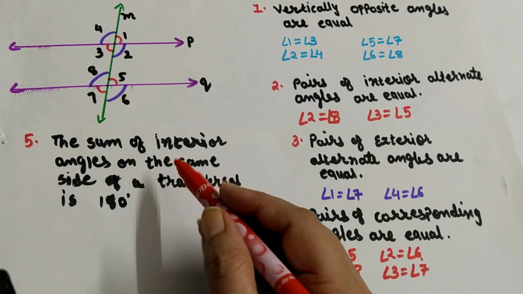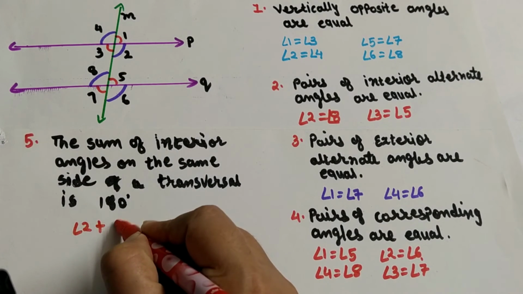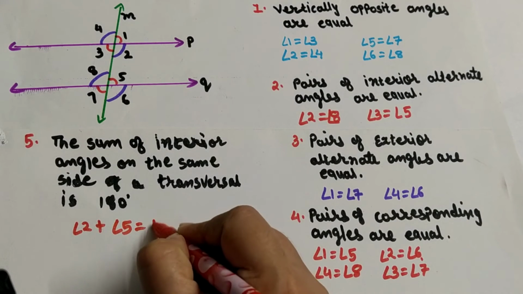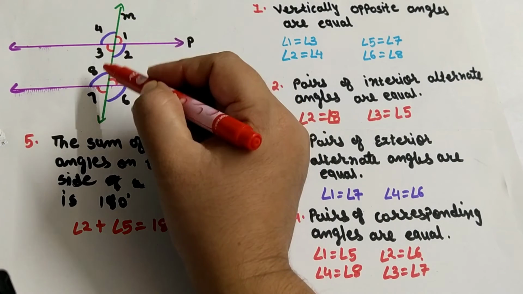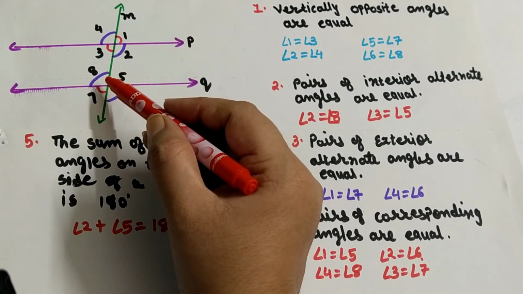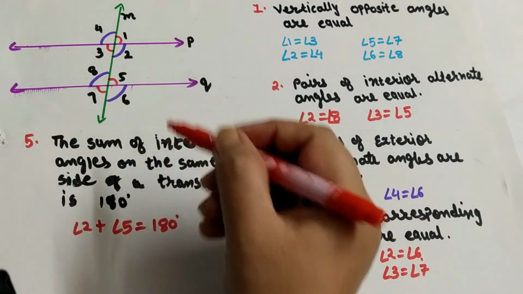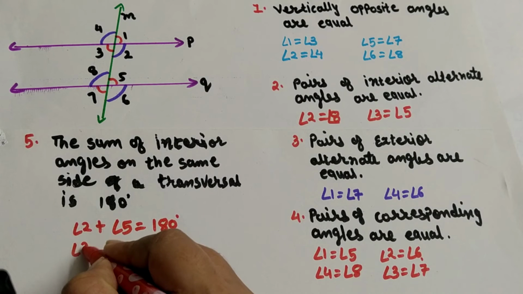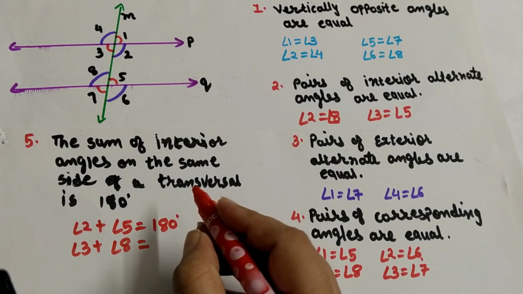It means that the sum of angle 2 and angle 5 is equal to 180 degrees. And on this side of the transversal, angle 3 and angle 8 are also interior angles on the same side. So we can write that angle 3 plus angle 8 is equal to 180 degrees.